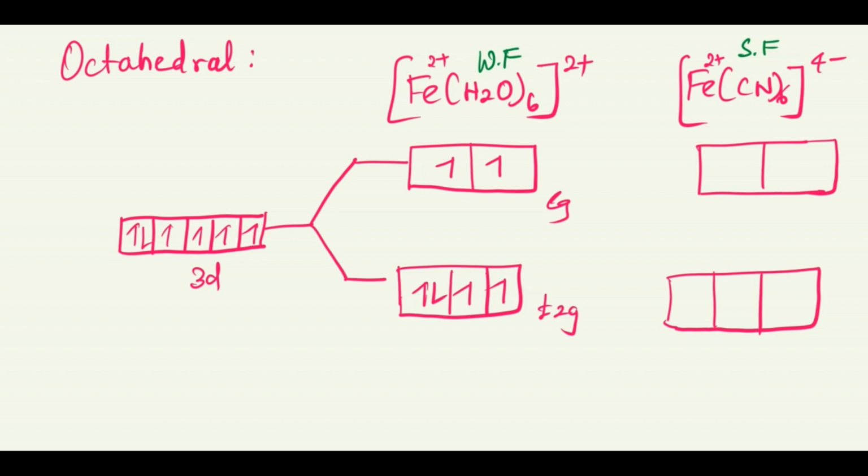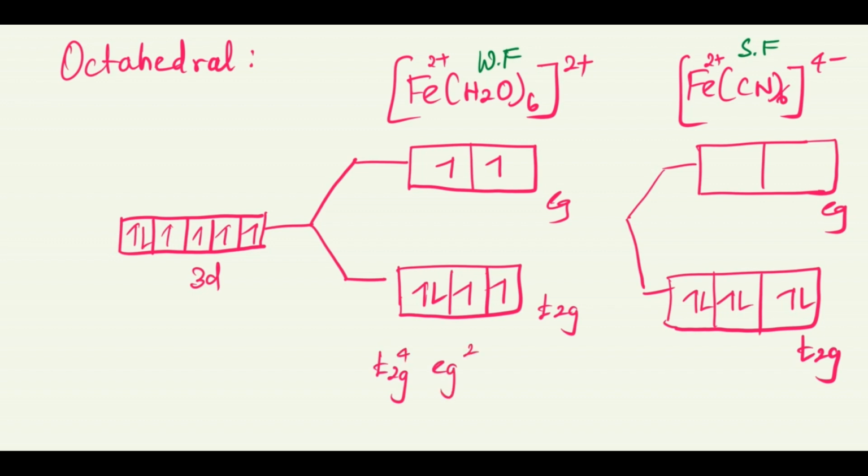But in case of strong field, all 6 electrons are getting filled over there in the T2g itself. So this is what happens. So t2g4 eg2, and t2g6 eg0.